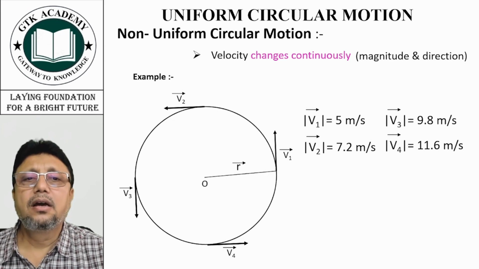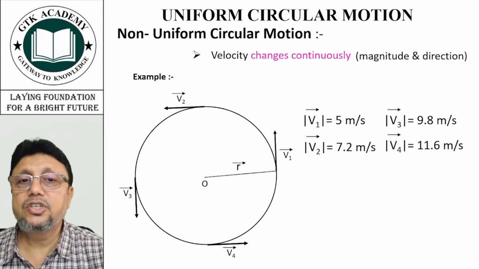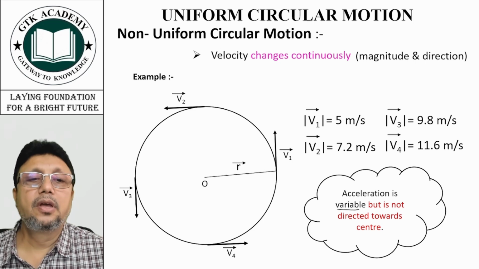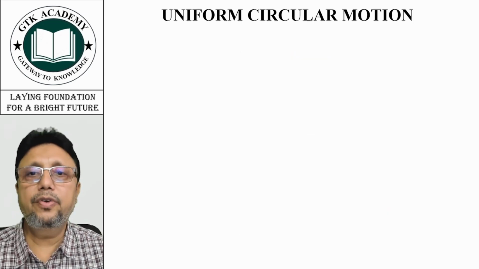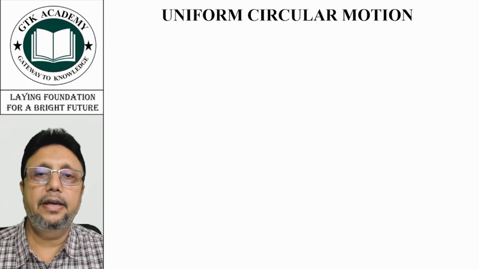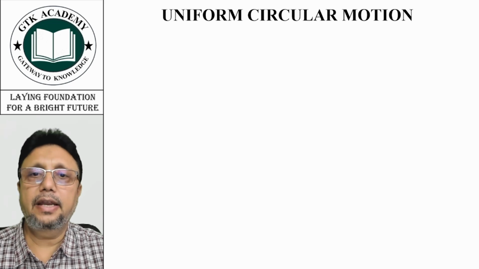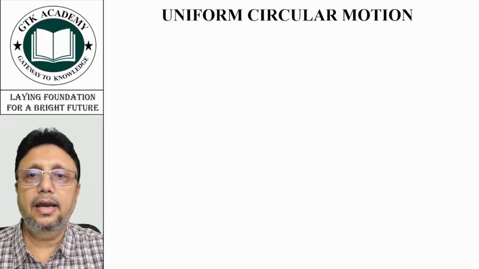So here also we have acceleration because there is a change in velocity, but the change is in direction and magnitude both. So here the acceleration is variable and is also not directed towards the center. So till now we discussed that in case of uniform circular motion, there is an acceleration whose magnitude is constant and it is always directed towards the center.